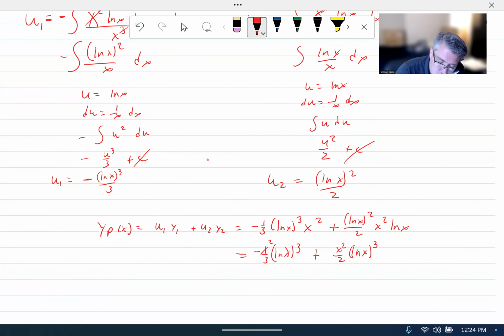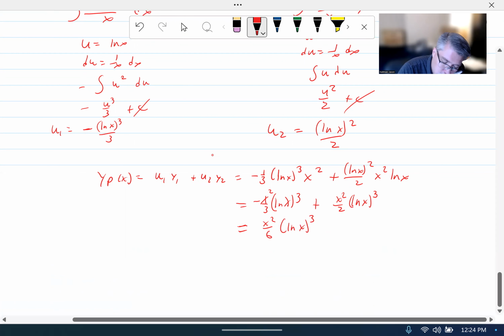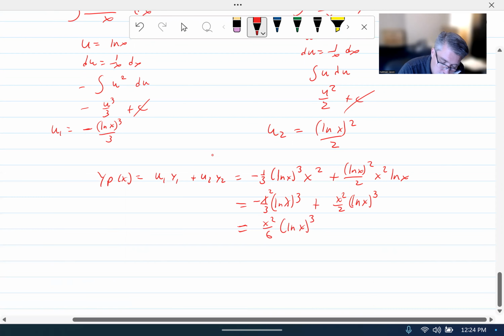So this is 1/2 minus 1/3, which is just 1/6. So I can combine those two into 1/6. So this just equals x squared over 6 times the natural log of x cubed. And that's my particular portion. So that's yp of x.